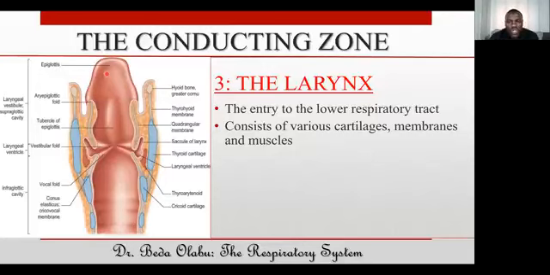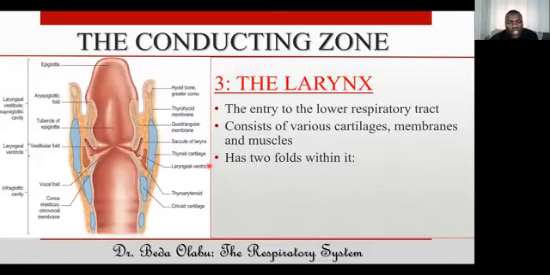Remember what we mentioned in anatomy some time back, that epiglottic cartilage consists of elastic cartilage, while the other laryngeal cartilages are basically hyaline cartilages. I told you I'll not take you through the membranes and muscles. I've also just mentioned 3 cartilages, but as you can see in this image, there are a number of cartilages.